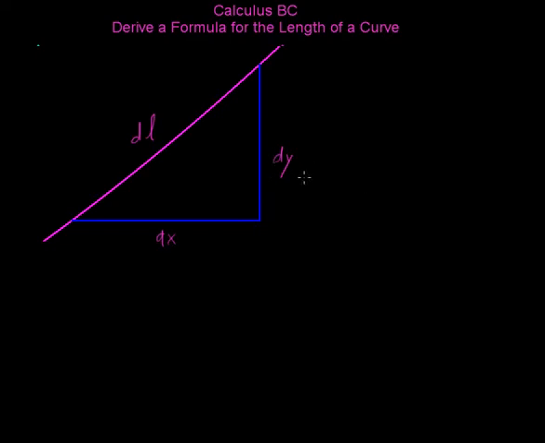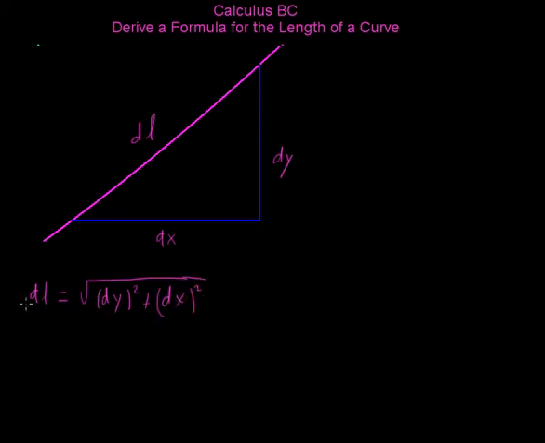Notice these are differentials. So we can write the relationship between dx, dy, and dl with the slope triangle by writing dl would be equal to the square root of dy squared plus dx squared. It's just the Pythagorean theorem.